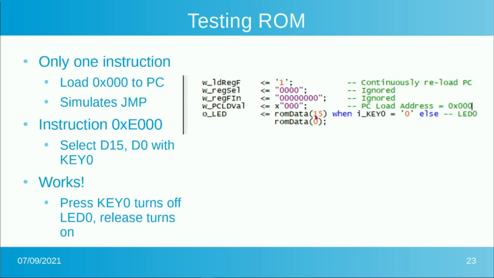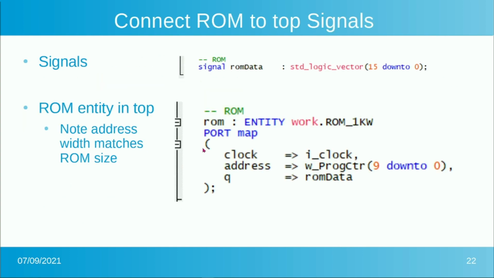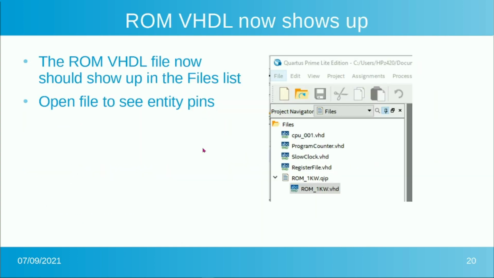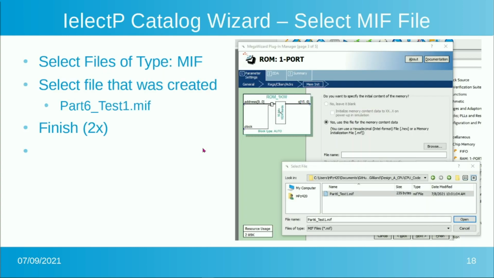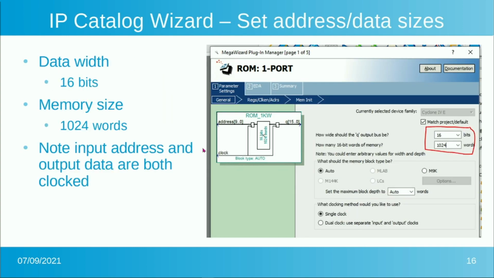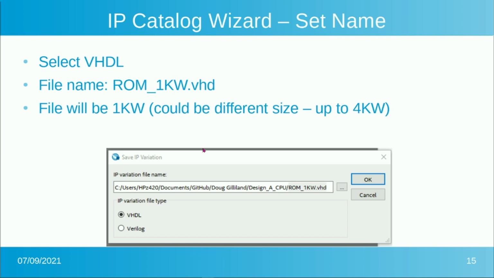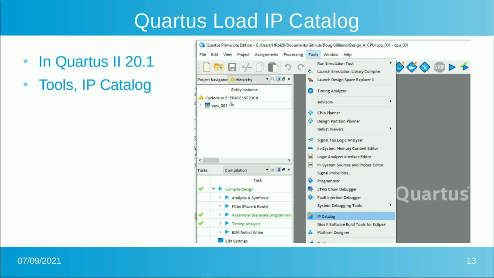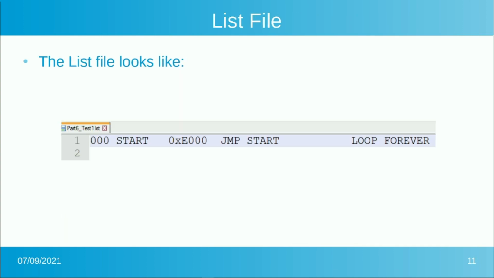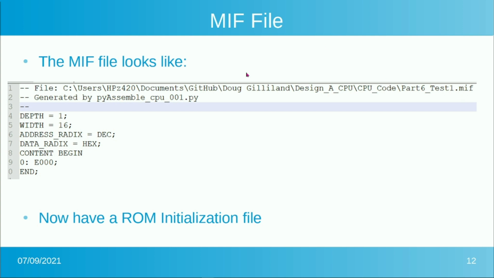So what this is going to do is look at the most significant bit out of the ROM, and again, the ROM value we expect at location 0 from way back here is E0. So the most significant bit's high and the least significant bit's low.